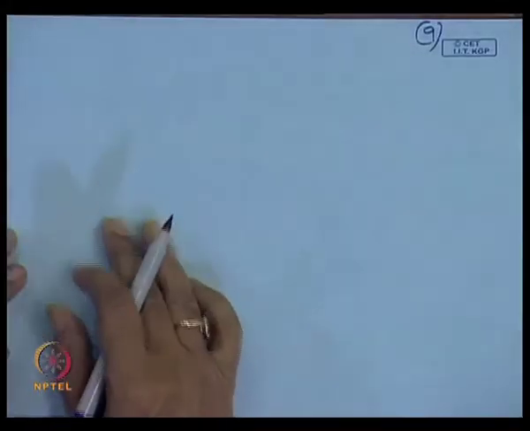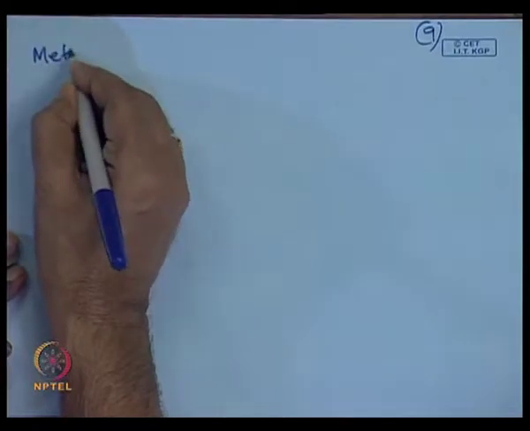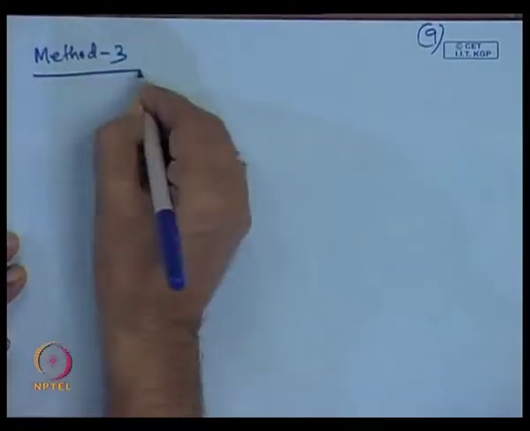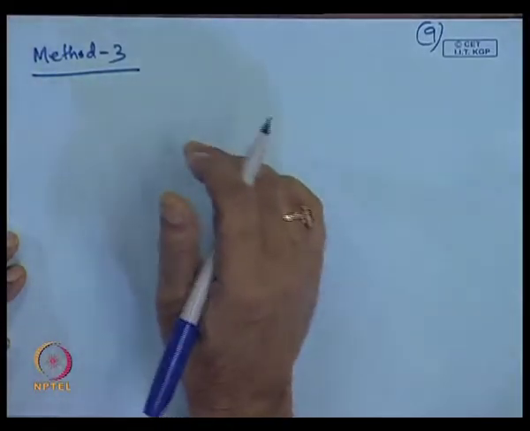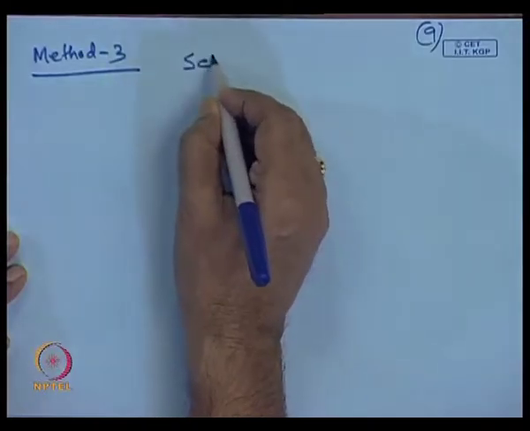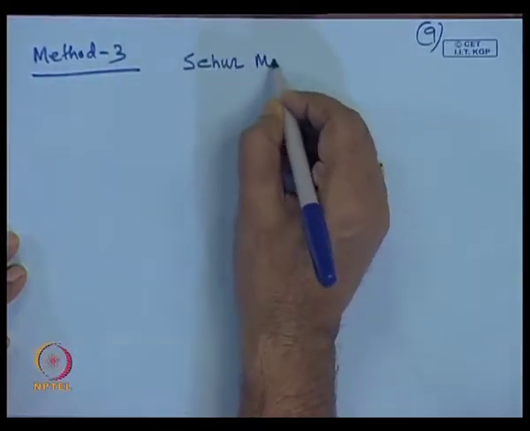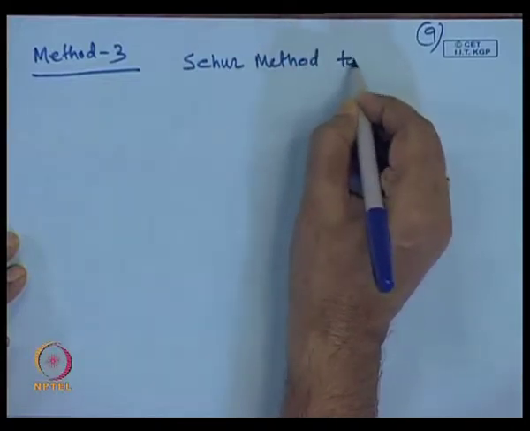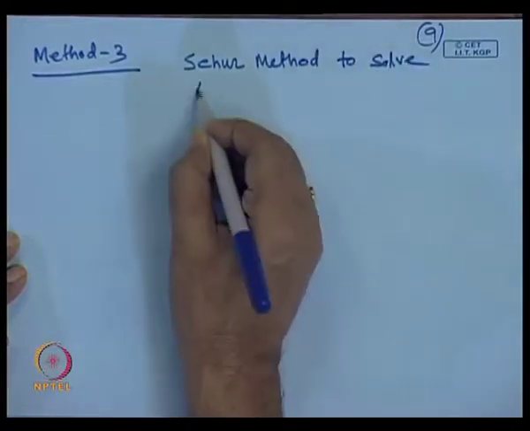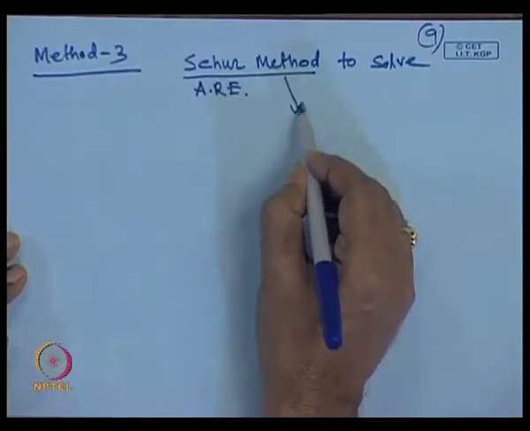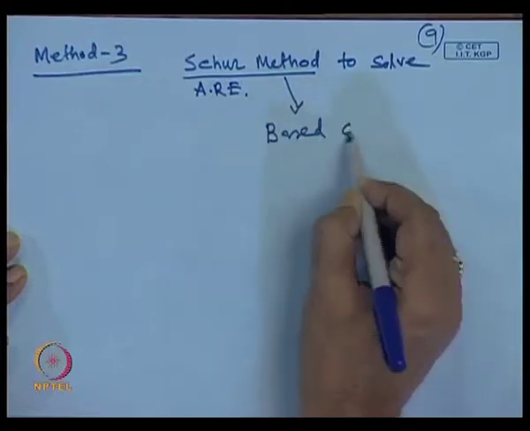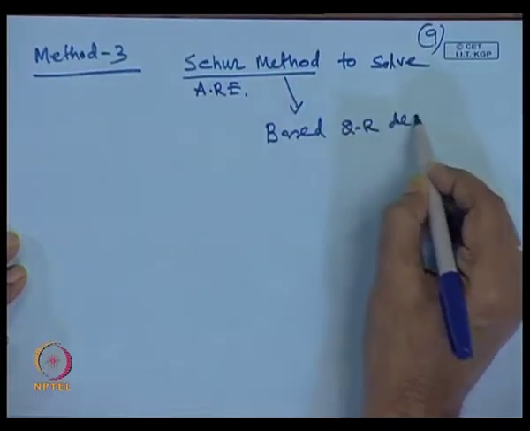So the next method is a numerically stable method. Method 3 is the numerically more stable method for computing the eigenvectors of the Hamiltonian matrix corresponding to the stable eigenvalues. This method is called the Schur method to solve the ARE, the algebraic Riccati equation, and it is based on the QR decomposition method.